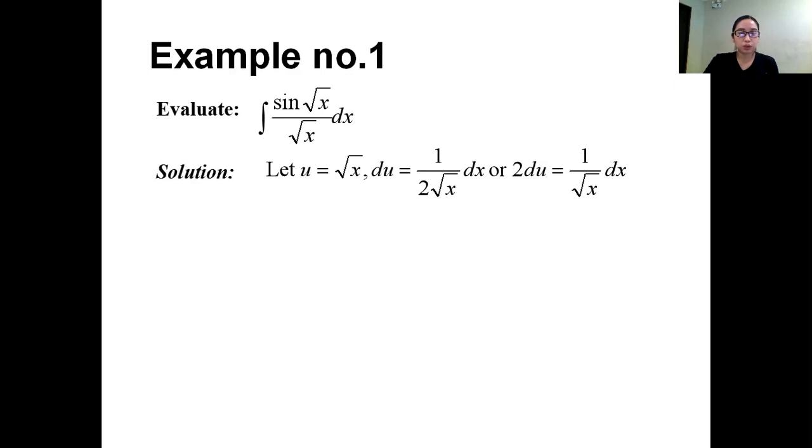So for our solution, let u be equal to square root of x. So the derivative of square root of x, or du, is equal to 1/2 over square root of x. Okay? So, in other words, x to the power of negative 1/2.